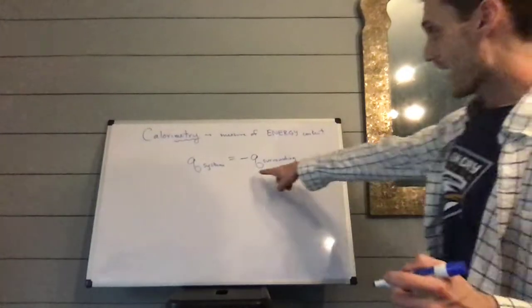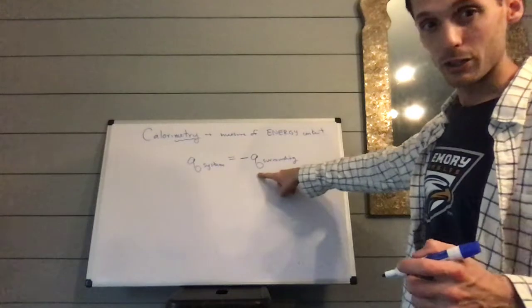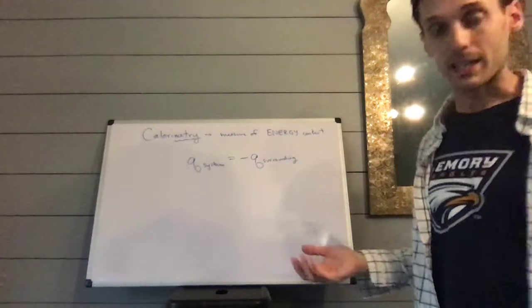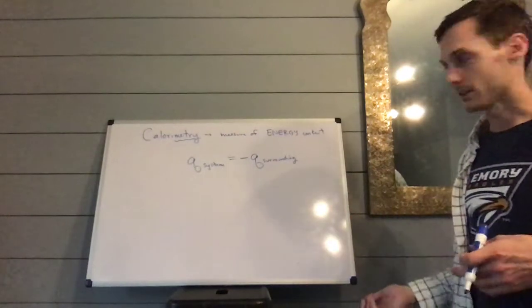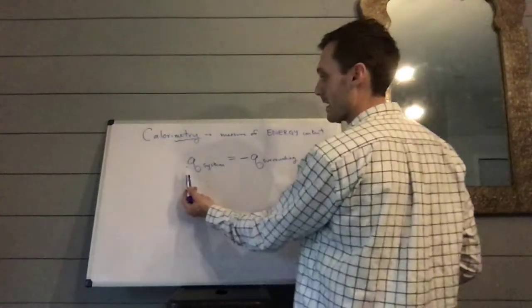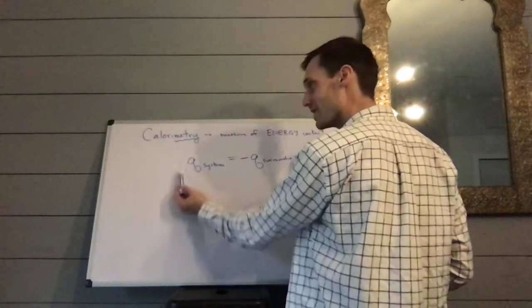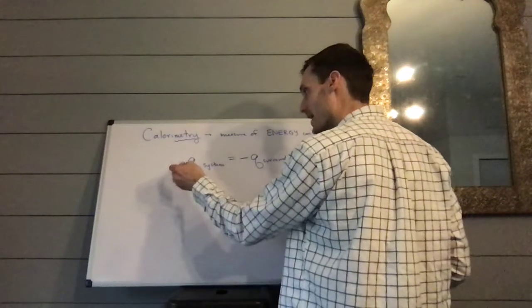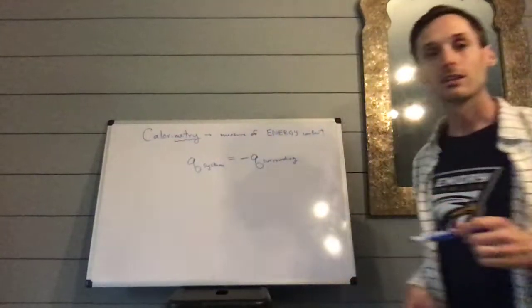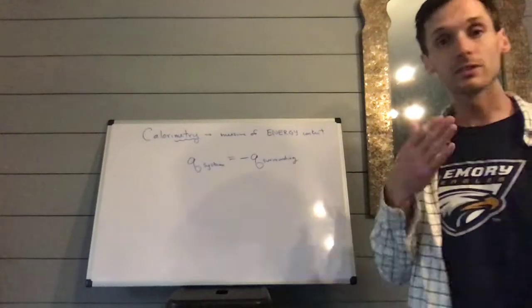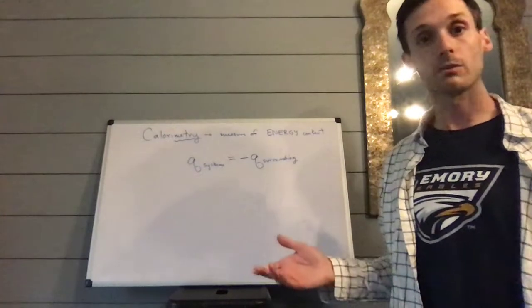So we're just going to add a negative sign to the Q of the surroundings to keep them opposite signs of each other. It doesn't matter even if the system is losing heat, this would be negative, and that would make the Q for the surroundings positive. So they will still be opposite signs no matter what.